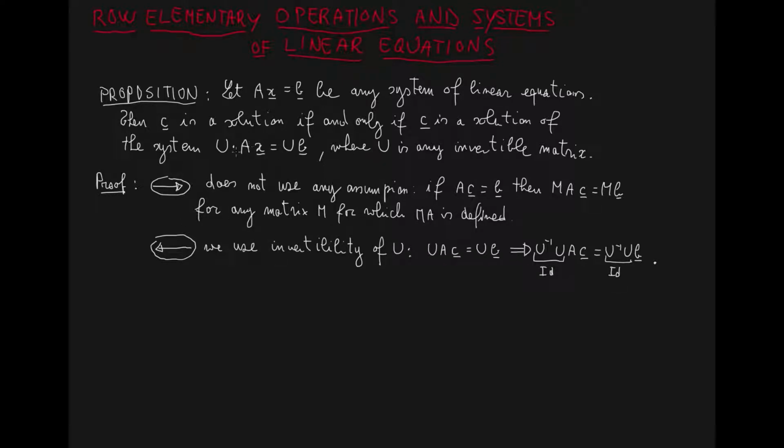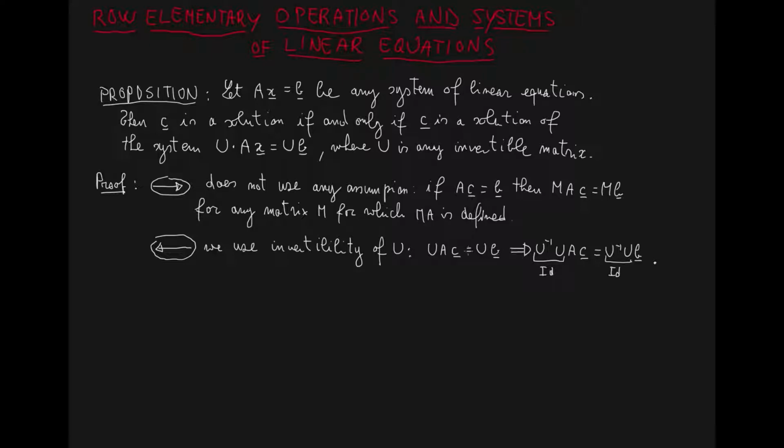So we assume that c is a solution of the system of linear equations UAx equals Ub. In this case, we use invertibility of U. So we know that UAc equals Ub.